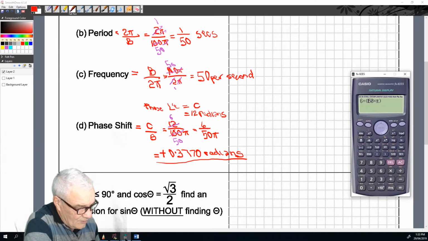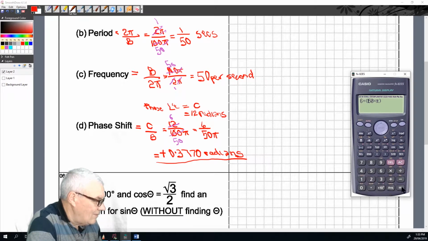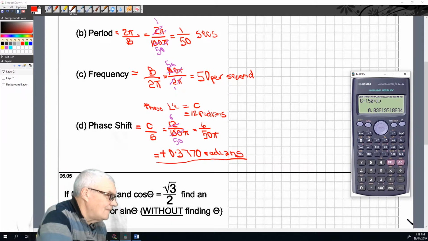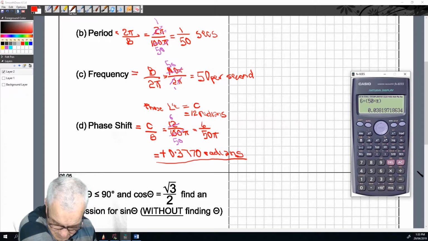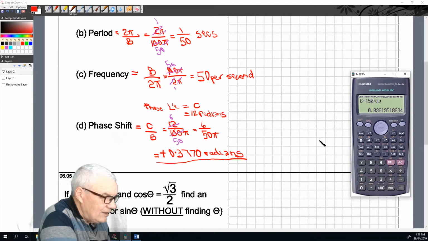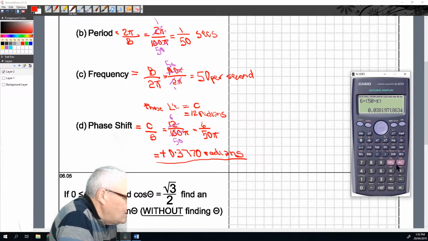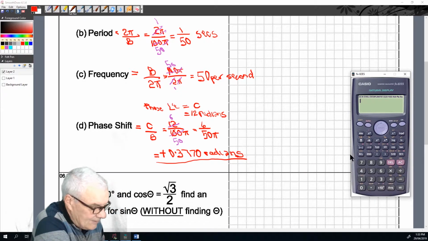Where did my calculator go? 6 divided by 50 times pi. I'm not sure about that. Let's have a look at that.